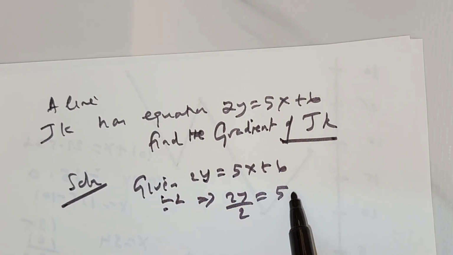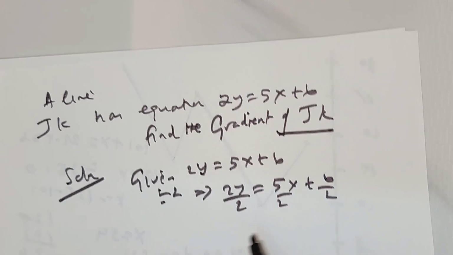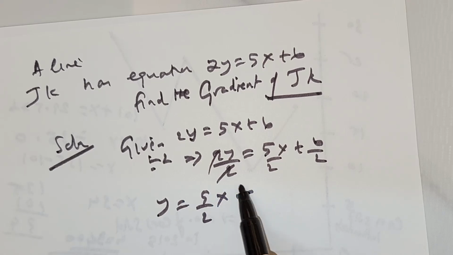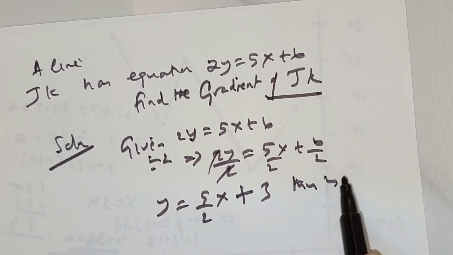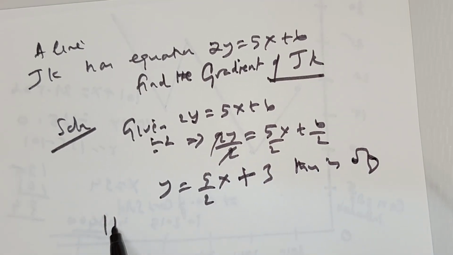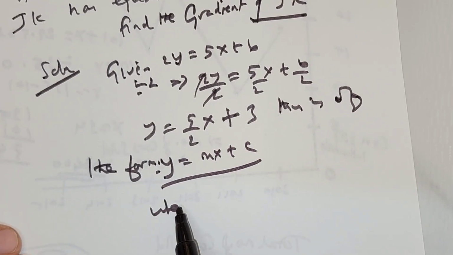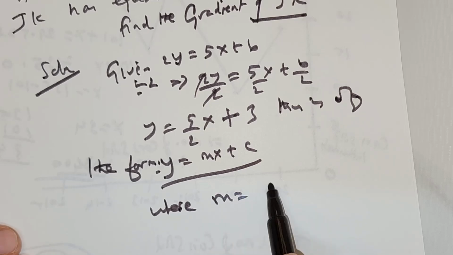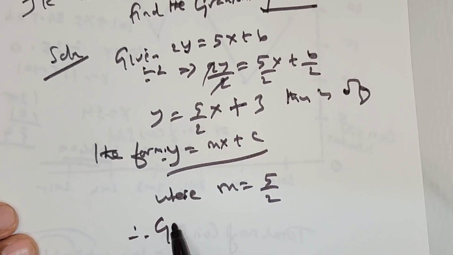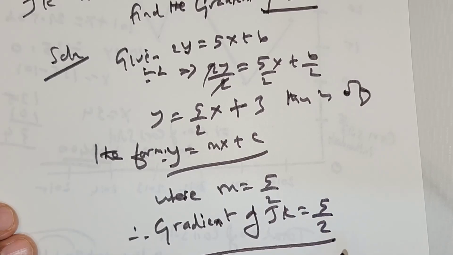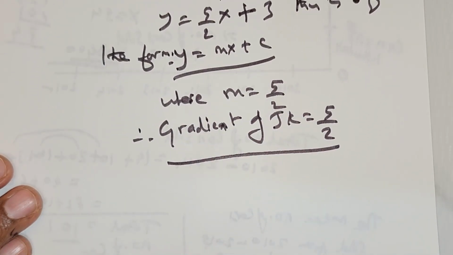So 2y over 2 is equal to 5x over 2 plus 6 over 2. The 2 gets cancelled, you get y is equal to 5 over 2 times x plus 3. This is of the form y is equal to mx plus c, where m is equal to 5 over 2. So therefore the gradient of JK is 5 over 2. So that's the solution of this question.